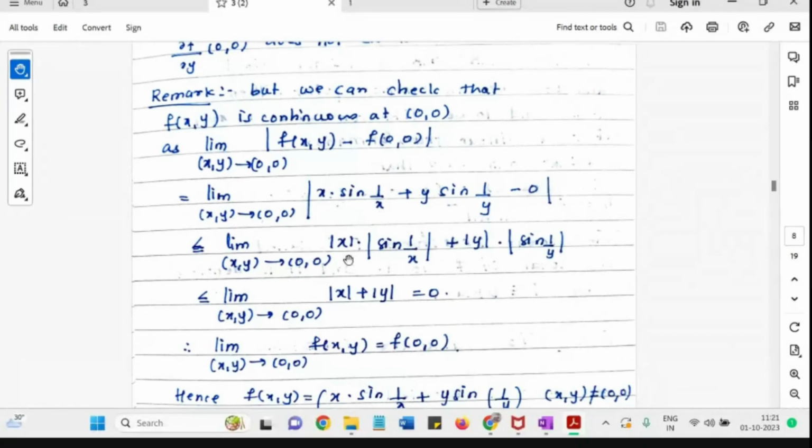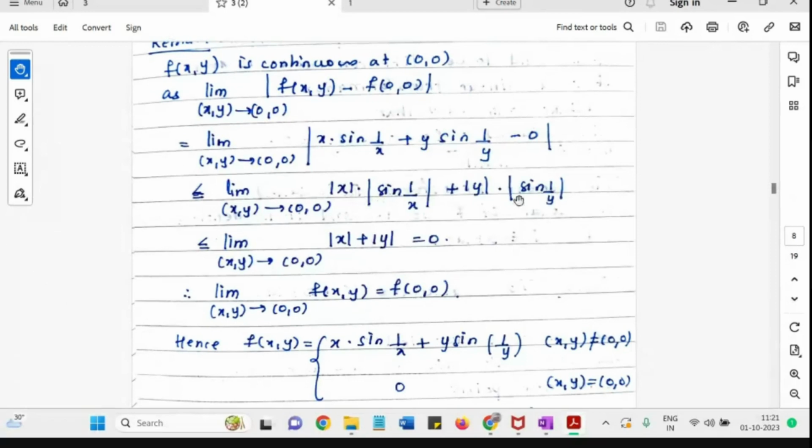Apply the triangle inequality. So you have this modulus less than or equal to mod x into sine 1 by x plus mod y into sine 1 by y. Since sine is a bounded function, this will be less than or equal to 1, and hence this expression is smaller than or equal to mod x plus mod y. You can put x equal to 0, y equal to 0 safely here, and you get the value 0.